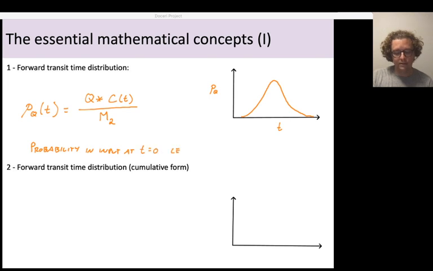And what this is telling you is the probability that something you input at time 0 leaves at some time t. So for example, where this distribution peaks, that's the most probable age or the most probable time scale that the water would spend in our study reach.